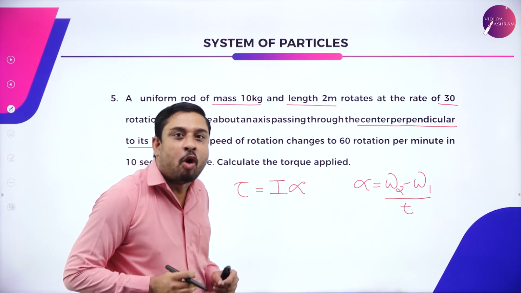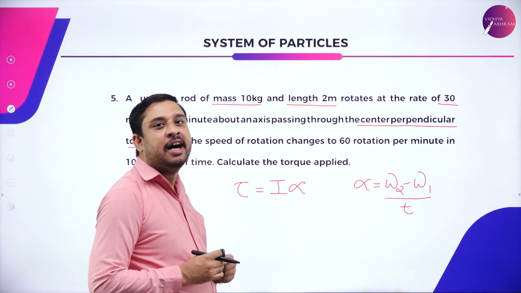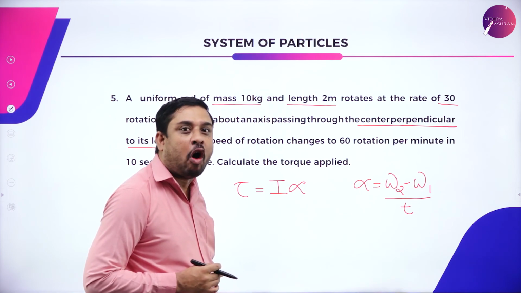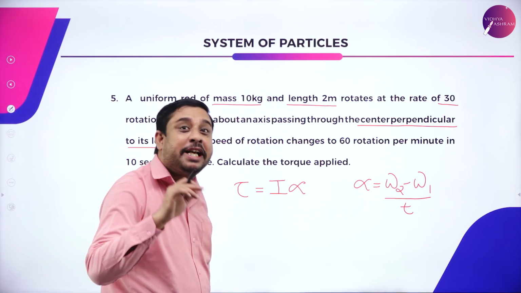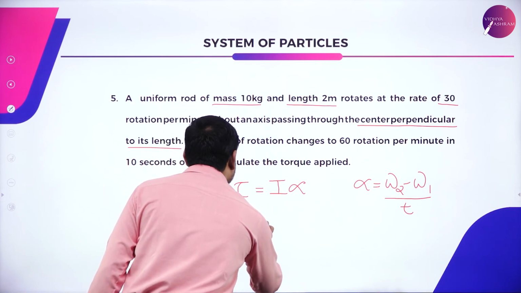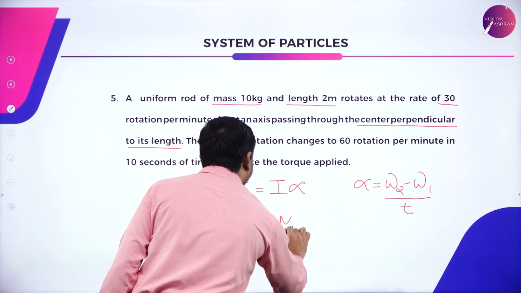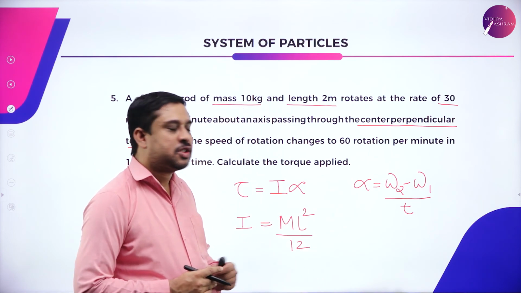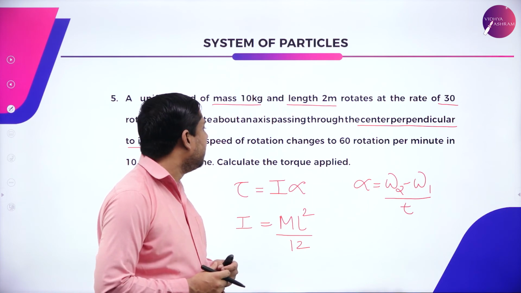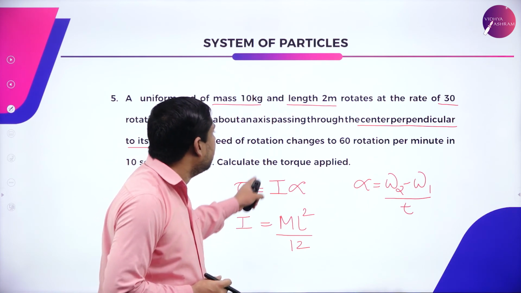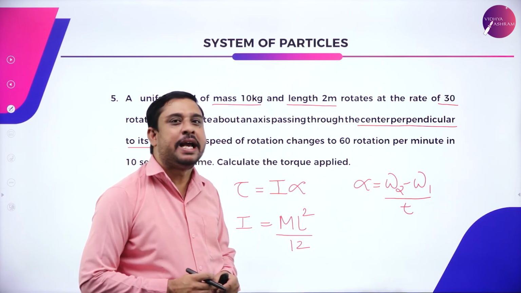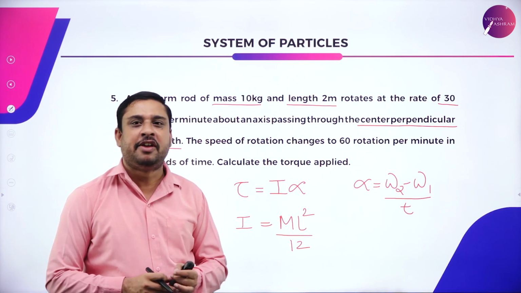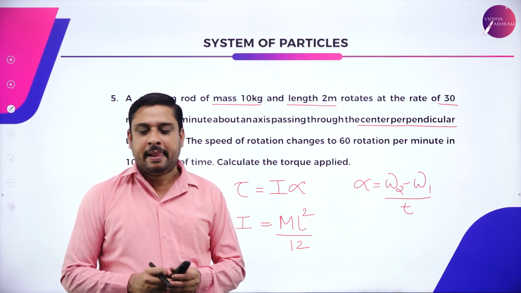For the moment of inertia, in this case it is a uniform rod perpendicular to its length, so I will be m L square by 12. Substitute, students, you get the value of I. Find out omega 1 and omega 2 as we have done earlier. You can simplify and get tau.